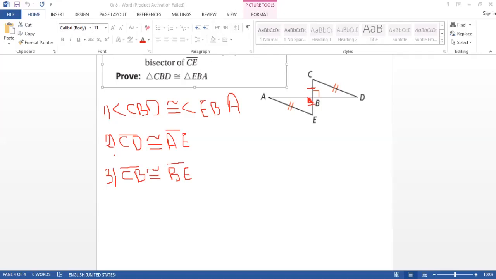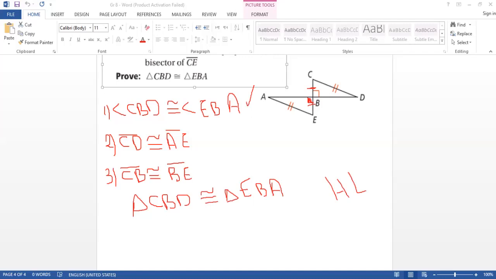So from the three conditions, we get that the triangle CBD is also congruent to the triangle EBA. This case is HL case because we have right angle congruent to right angle.